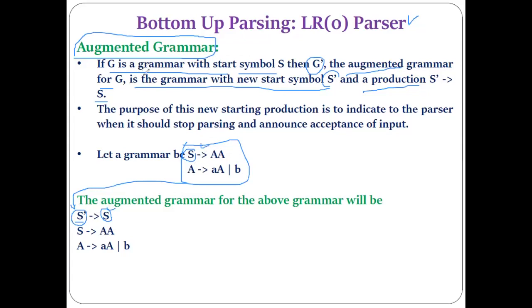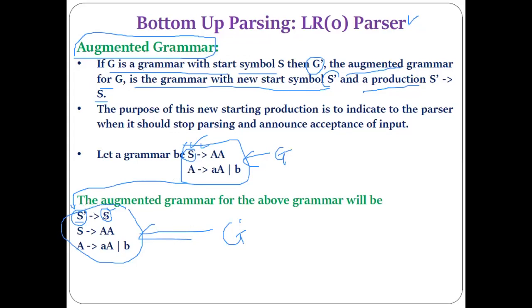The same thing is mentioned in this definition also. The only change is that here we have mentioned the grammar as G, and our starting symbol is S. If G is the grammar with the starting symbol S, then G dash is nothing but this augmented grammar, with the new starting symbol.